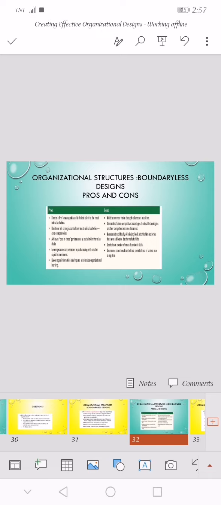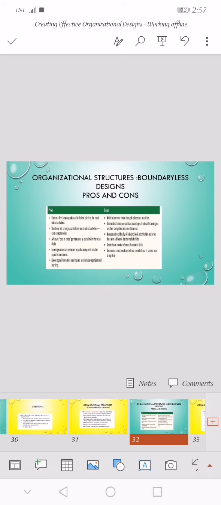Cons: first, inhibits common vision through reliance on outsiders. Second, diminishes future competitive advantages if critical technologies or other competencies are outsourced.